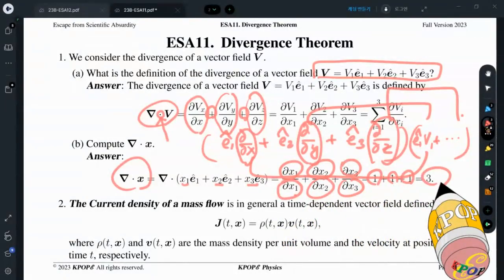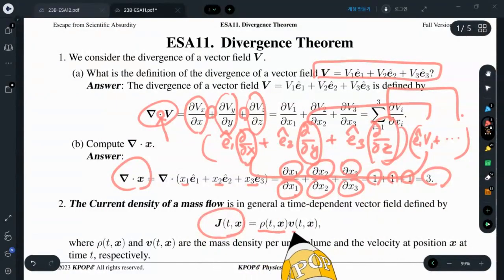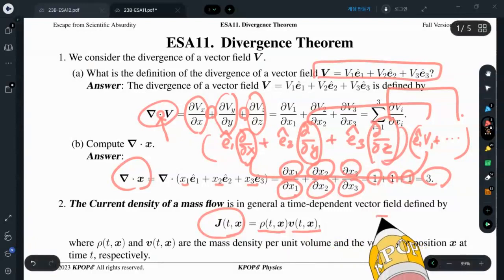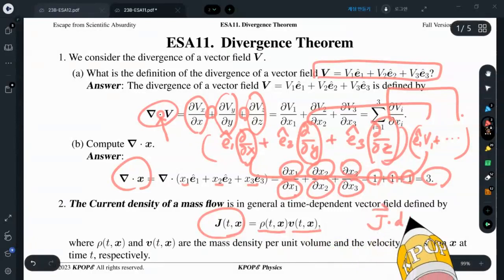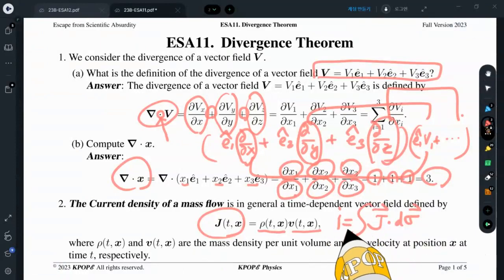Current density of a mass flow. Current density is defined by rho times v, where rho is the density and v is the velocity. So if you integrate this current density over a surface, then you will obtain current. Usually we learn current for the charged particle, but we can also define the current density and current for mass.